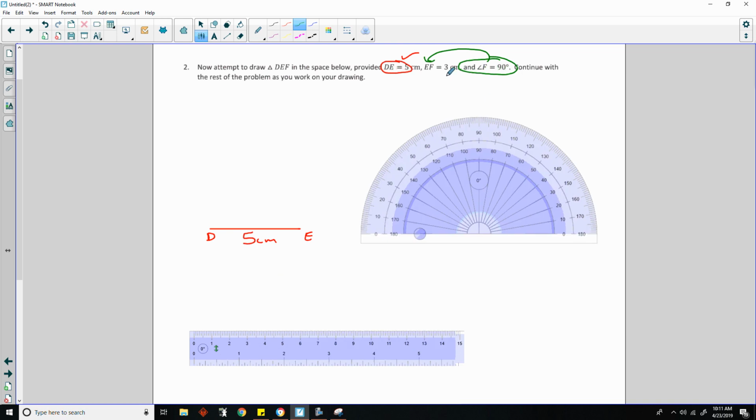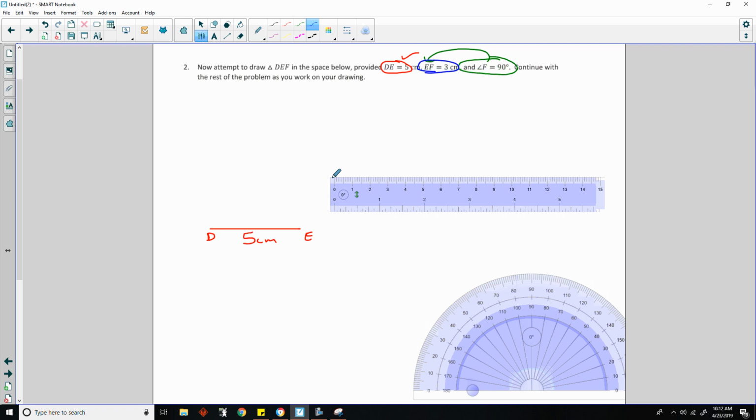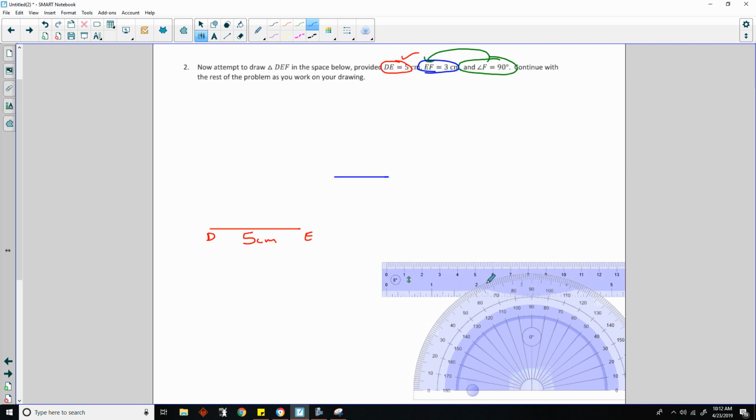So now I need to draw EF first for my triangle. I'll get this out of the way and put EF over here. So it's going to be 3 centimeters long, and that's 3 cm, and this is E, and this is F.